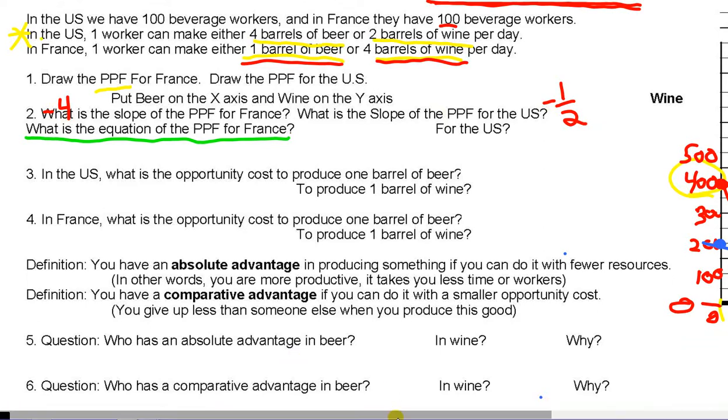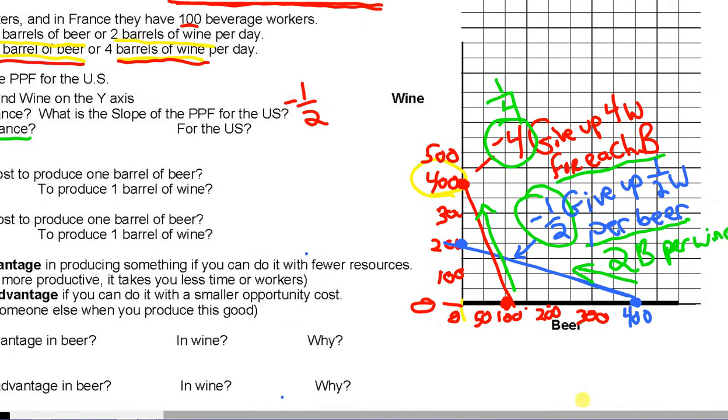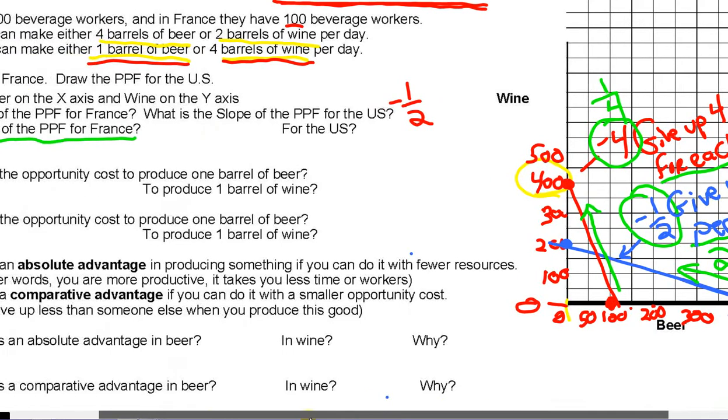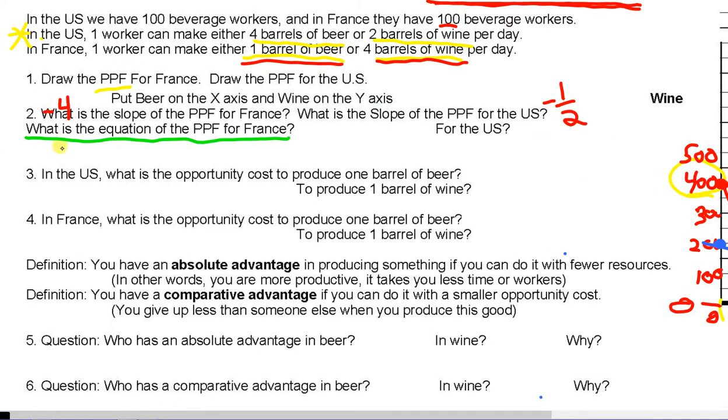So the y-intercept for the line for France is 400. So we could write this equation this way for France: the amount of wine is equal to 400 minus 4, that's the slope, times the amount of beer. That's an equation that expresses this relationship for France.